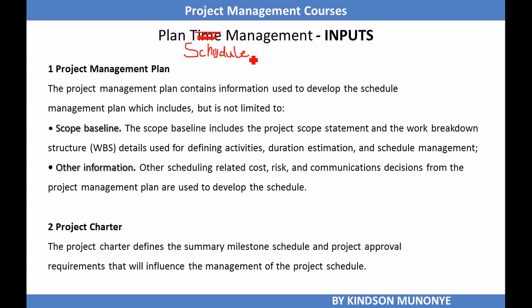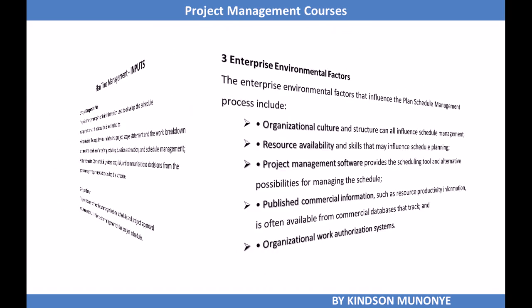We also need the project charter as input to plan schedule management, because the project charter defines the summary milestone schedule and the project approval requirements that will influence the management of the project schedule.